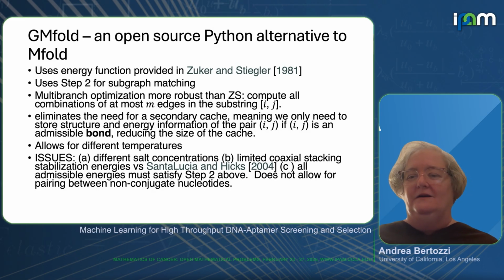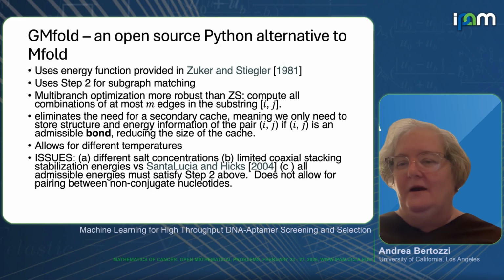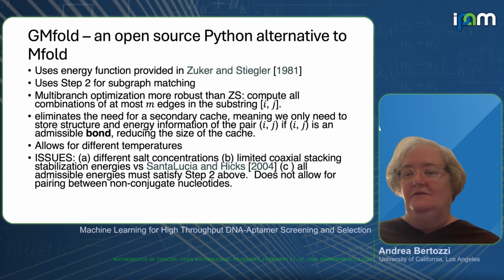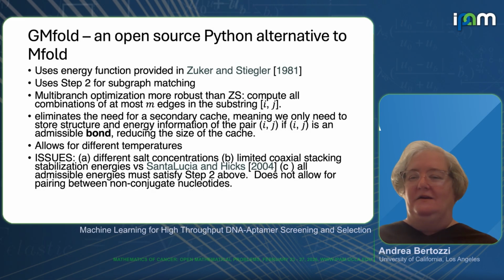The important thing here is not only are we getting results that compare well with the prior state of the art, M-fold, but it's in the public domain and you can parallelize it very trivially. For example, we can compute the secondary structure of all 5,000 of these DNA sequences of interest in a very short amount of time. I don't remember exactly how long, but we're talking about a minute or two. It's sufficiently short that it's not at all a concern for the research problem.